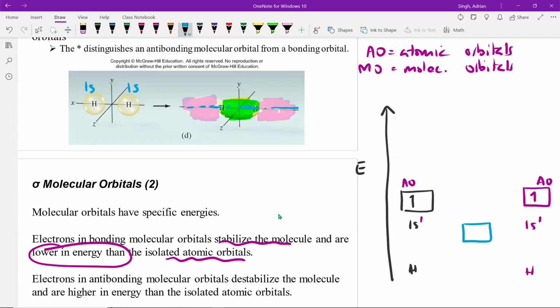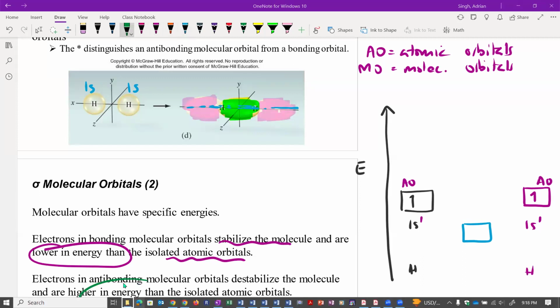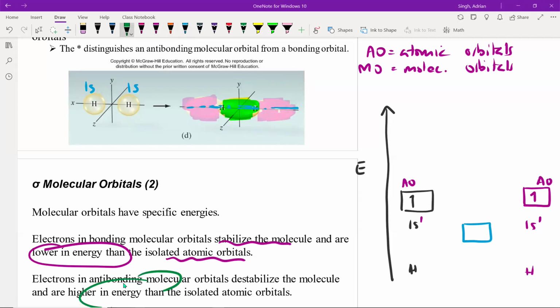And then we're also going to have the anti-bonding molecular orbitals that actually now destabilize the molecule, and those are going to be higher in energy than either of the isolated atomic orbitals, so they can be drawn above the level of either of the atomic orbitals. All right, so we have these two molecular orbitals that result.